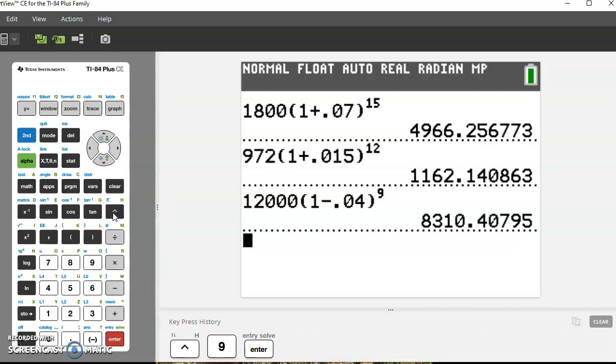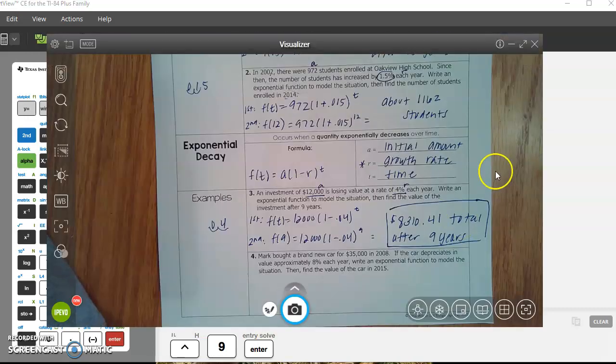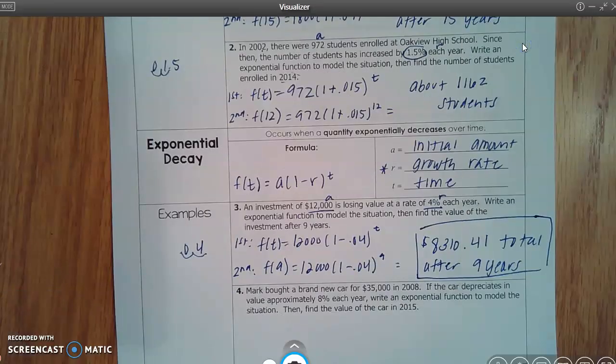And now my car, after 9 years, is only worth $8,310.41. I would say total after 9 years. So if you notice, each time I'm also including what my unit is, so you need to make sure that you're including that as well.